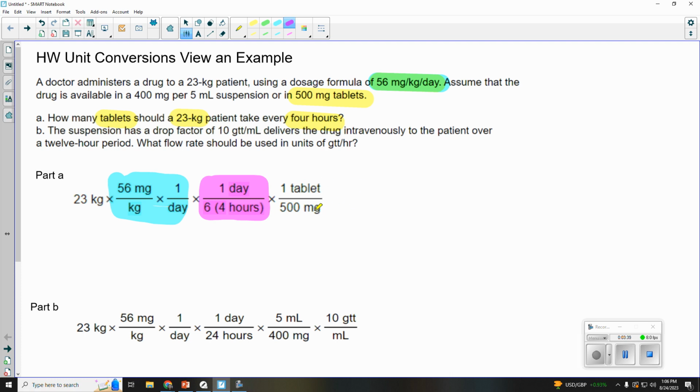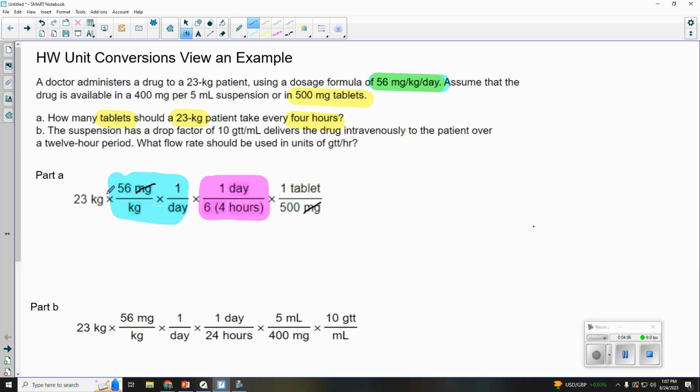Now, why do we know that we write the 500 on the bottom and not the top? The reason is, let me change my pens again. There we go. We want to keep our units diagonal. So notice we have a milligram and a milligram that need to cancel. One's on top, one's on bottom. These same units are diagonal to one another.